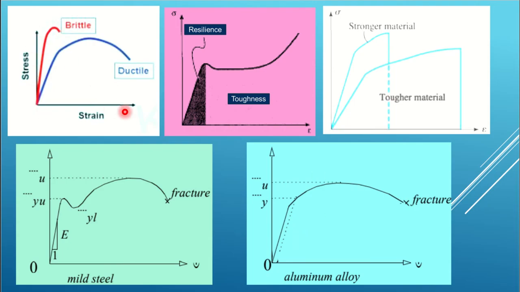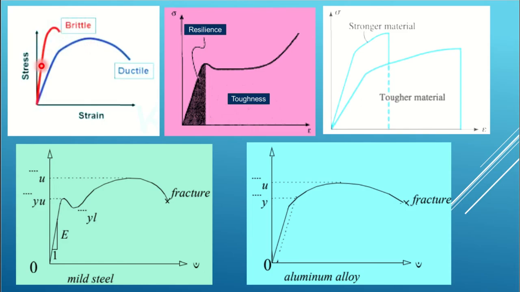It is a stress strain curve showing two materials, ductile and brittle. You need to understand exactly what the stress strain curve is for a brittle material and for a ductile material. Here you can see for brittle material, immediately after the yield point, it breaks. There is no plastic regime.